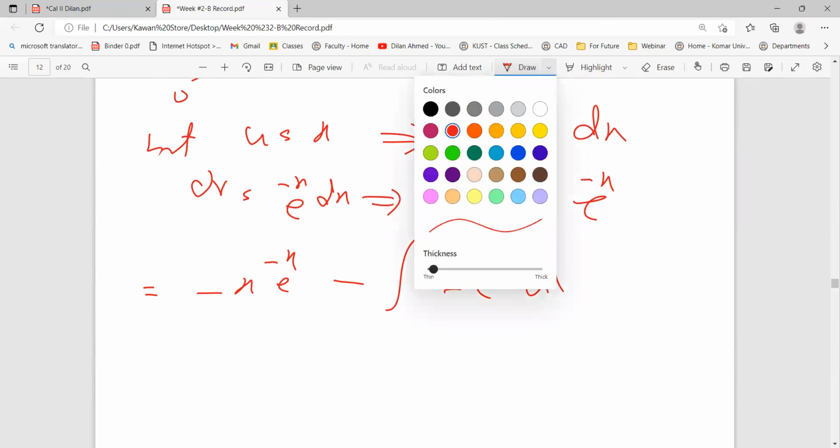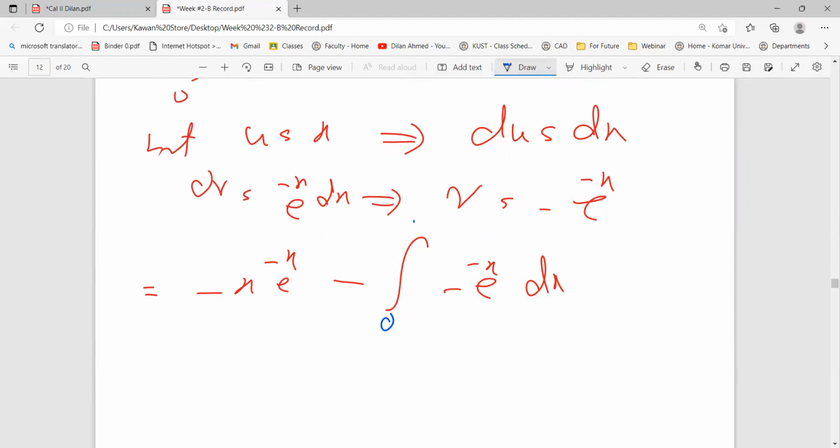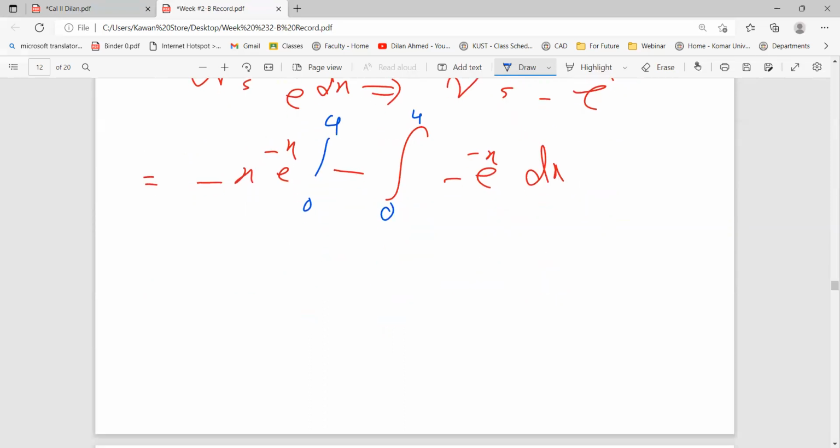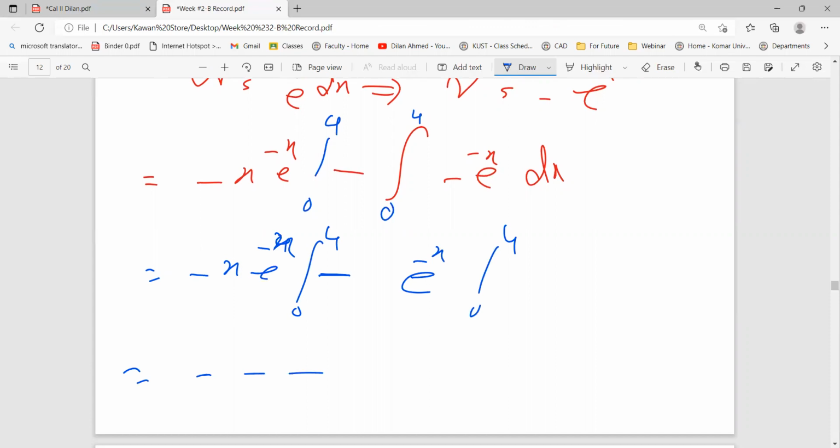And we have from 0 to 4. That was the difference. Okay, the previous is the same. So I will get minus x e to power minus x from 0 to 4, and that one derivative here exists. I will get e to power minus x from 0 to 4, and substitute, you get the same result.